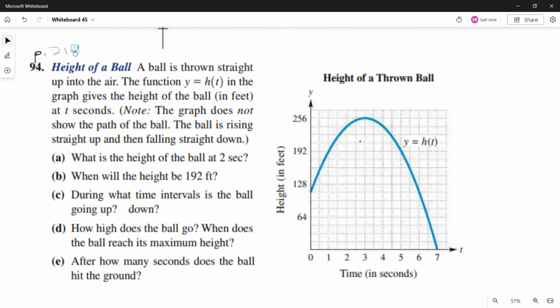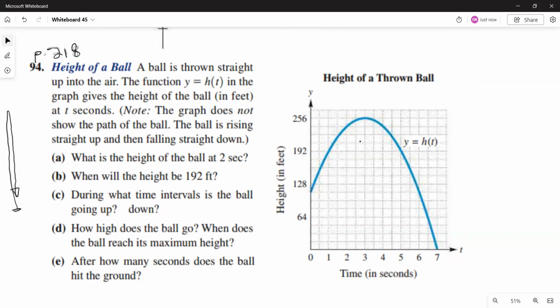Note, the graph doesn't show the path of the ball. That's the height along time, the initial height and the height after 1 second, 2 seconds, and so on. The actual path of the ball would be thrown straight up and then falling down.